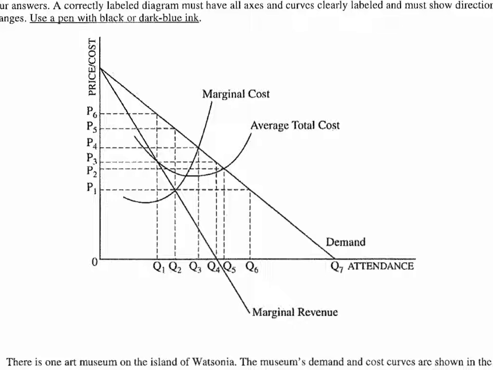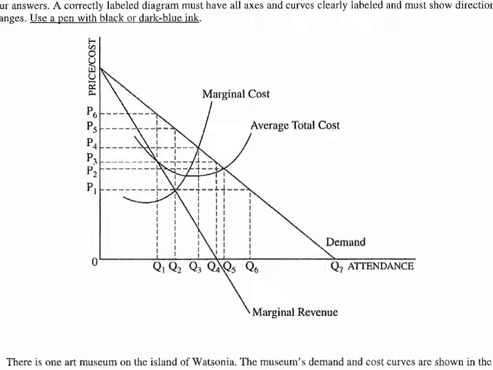If the price is P2, the quantity is going to be Q5, and the firm will be breaking even. If I know that there are 0 economic profits, the firm is breaking even, I know that there are positive accounting profits as long as there are implicit costs. So likely accounting profits are positive as long as there are implicit costs.